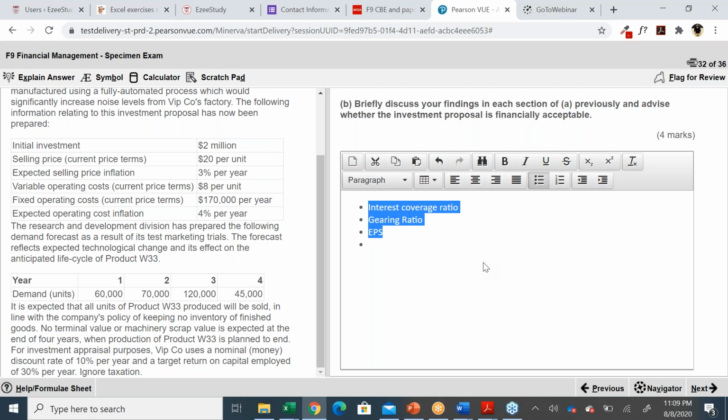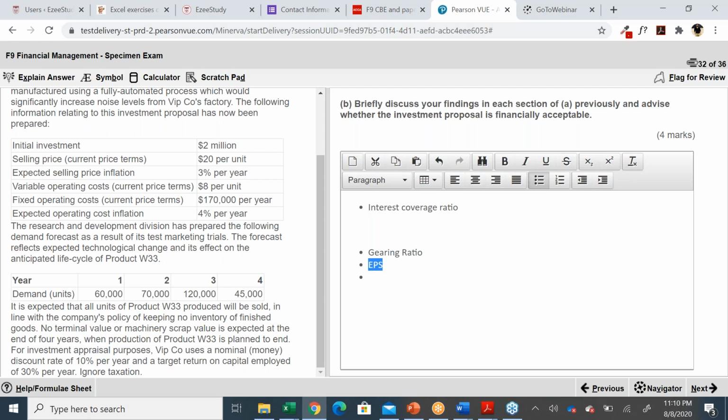Once you write them, then try to explore these points without looking at the sequence first. So write about the interest coverage, whatever you want to write. Then write about the gearing ratio, then EPS, and whatever you write. And then see which should be taken as the first point.